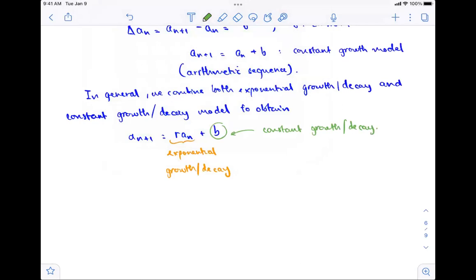And now we have the linear dynamical system, right? So a sub n plus 1 equal to r times a sub n plus b, given the initial condition is still a sub 0. Now you give a conjecture, right? You want to come up with a formula such that you can calculate any value of the sequence given any specific n.